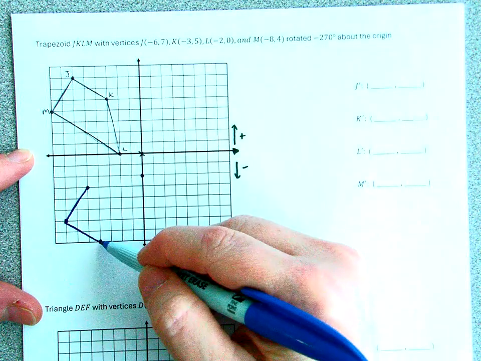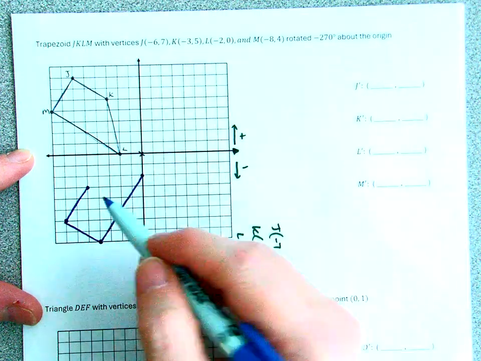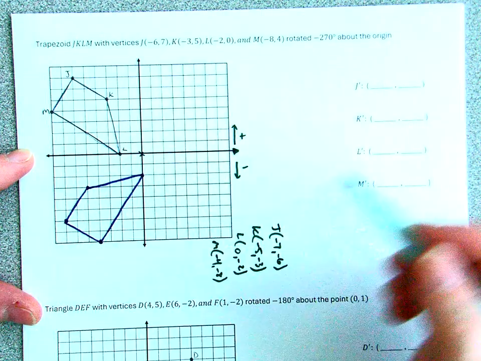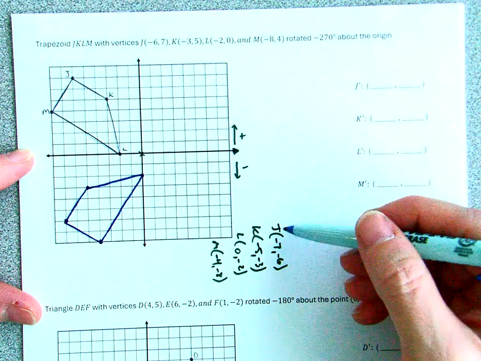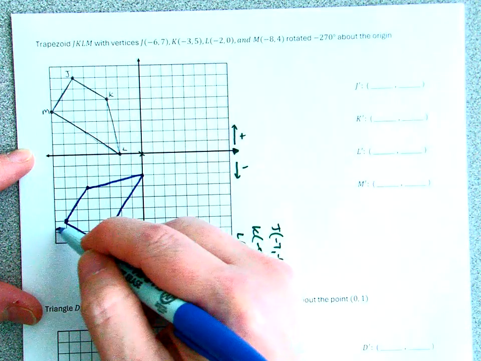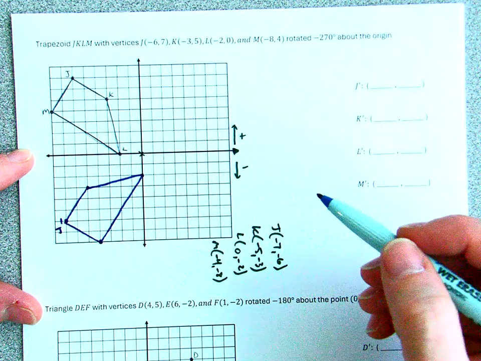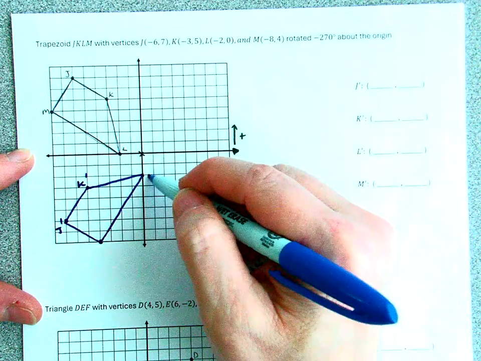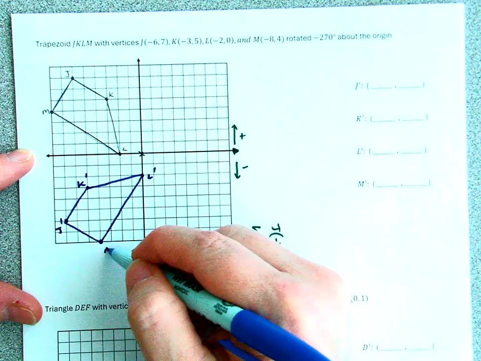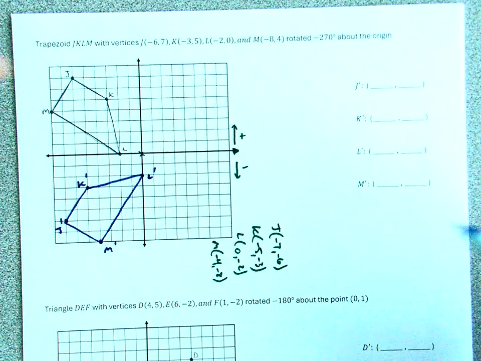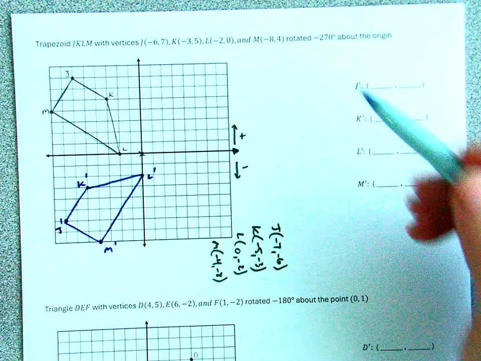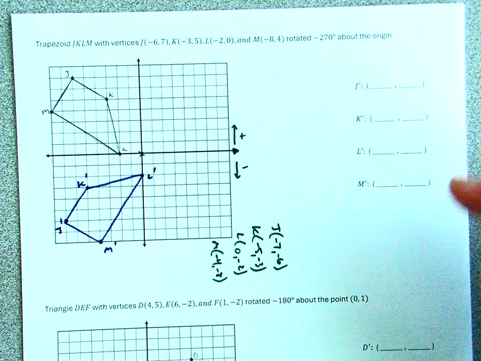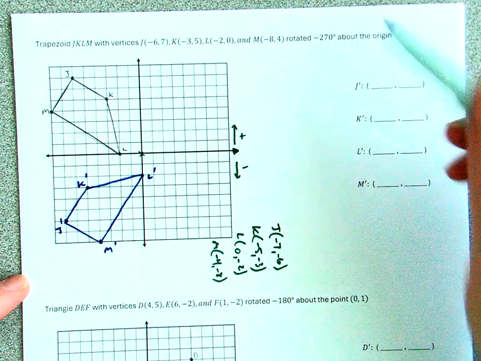Connect these dots so I can see my figure. I didn't name them, so J, which one? J prime is here. K was -5, -3. L prime, M prime. So there we go. We can see that our image, right now, we turned it -270.